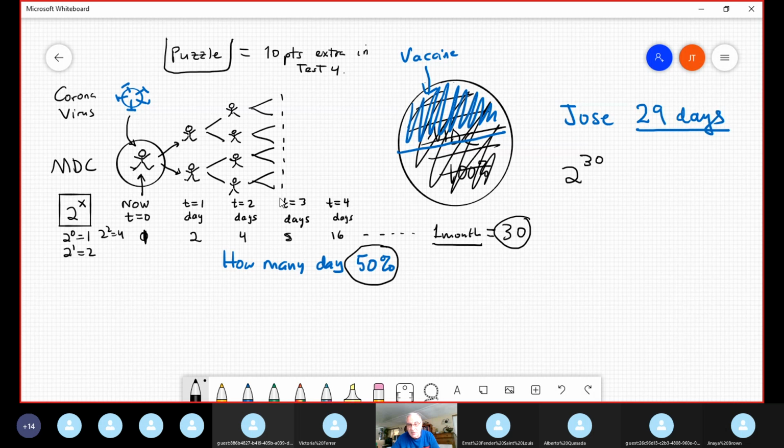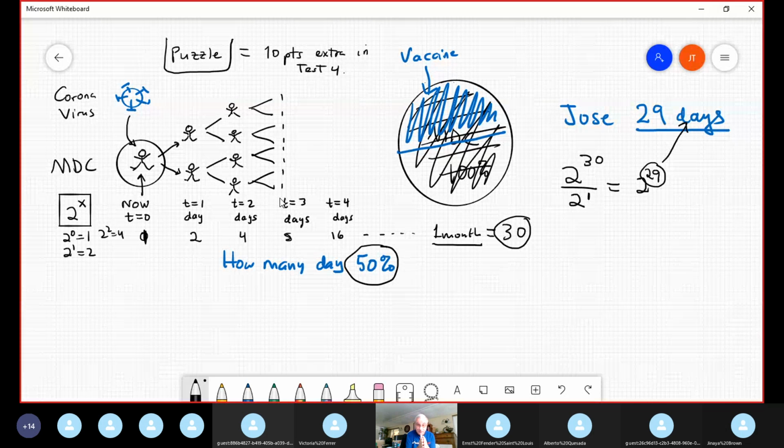This is completely illogical, but divided by 2 we get 50%. And 2 divided by 2 is 1. You subtract in the exponent, 30 minus 1 is 29. And 29 is the solution. It makes sense because at 29, we have 50% of the population sick, and 30 is 1 day after, when we have 100%.